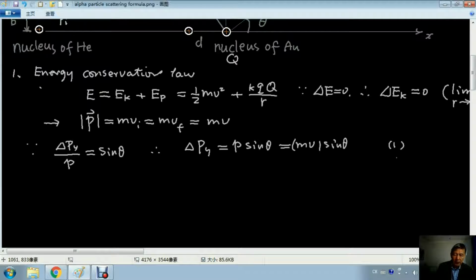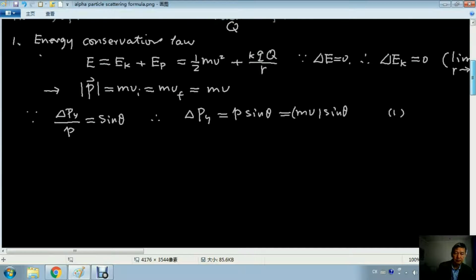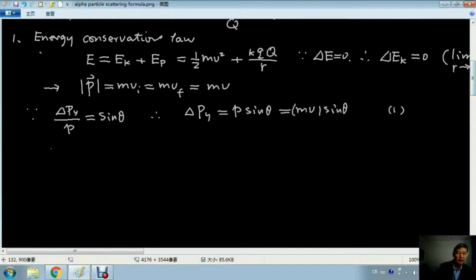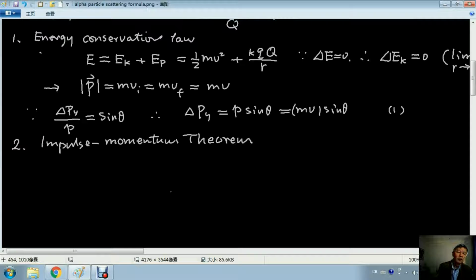Equation 1 is obtained based on the energy conservation law. Second, let's consider another basic law in physics. According to the impulse momentum theorem, the change in the momentum can be written as impulse.